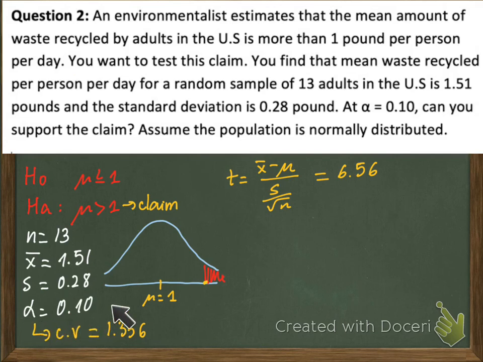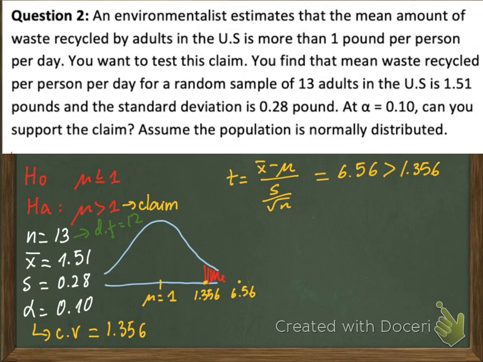So using alpha equals 0.1 and n equals 13, the degrees of freedom should be 12. And if you use a t-table, you can find that the critical value for a one-tail test with 12 degrees of freedom and alpha equal to 0.1 is 1.356. So 1.356 is the critical value, a value that separates the rejection region and non-rejection region.